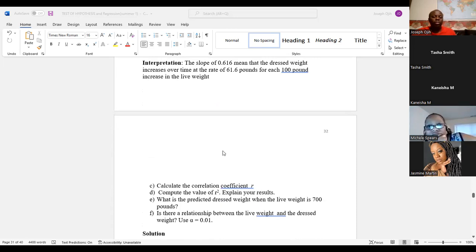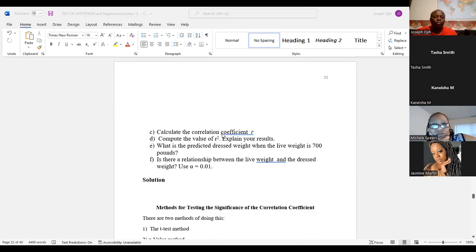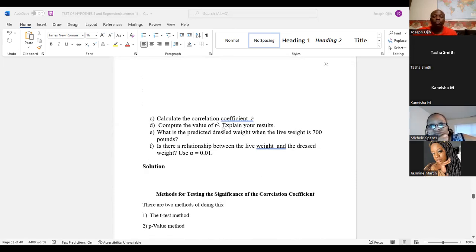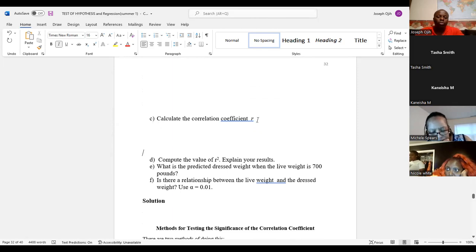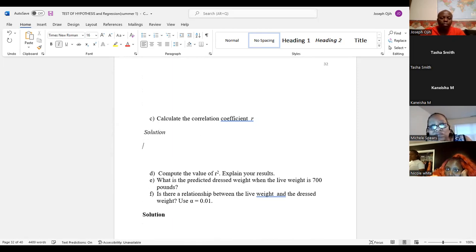Now, the third question is calculate the correlation coefficient. Since we have already done it in Excel, we can just go there and pull it out. So we have our R equals.